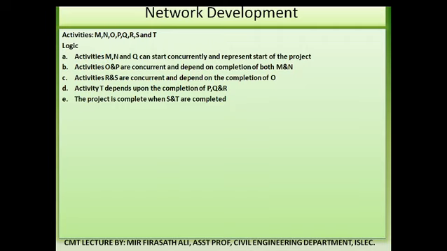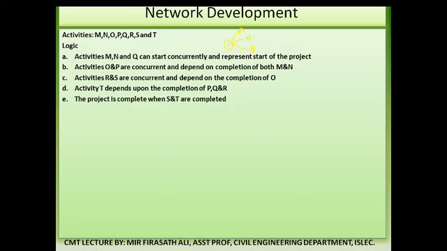The first interrelationship is as follows: activities M, N and Q can start concurrently and represent the start of the project. So from one event all these can come out.